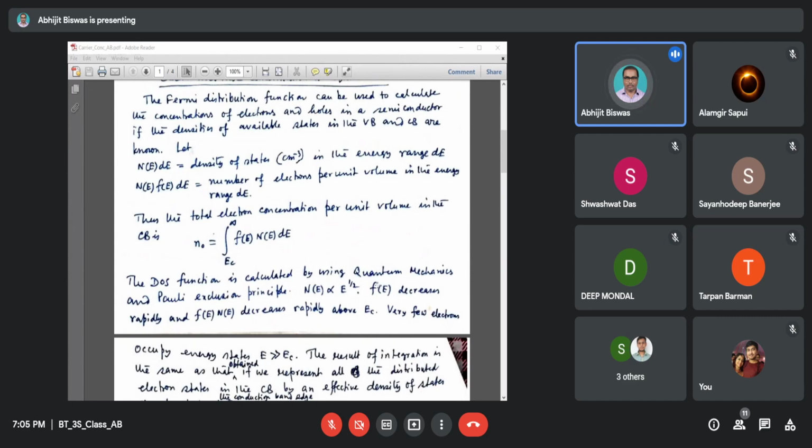This density of states function is calculated using quantum mechanics and the Pauli exclusion principle. And for a bulk semiconductor, you know that the density of states function varies with the square root of the energy. And you have seen the variation of Fe with energy.